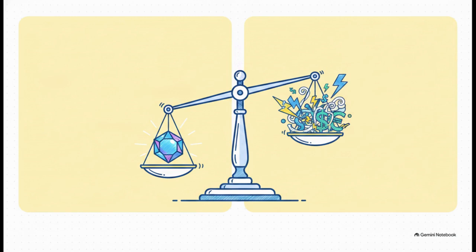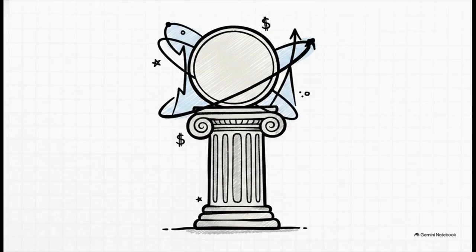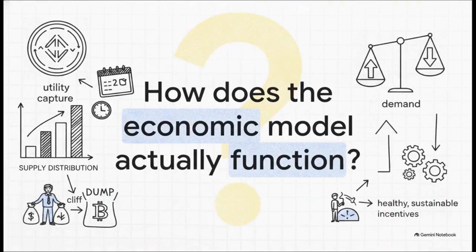A project might have a stellar team and an amazing product, but if the market forces of tokenomics, competitors, and liquidity are working against it, it simply isn't gonna survive. And that brings us to a massive pillar of our blueprint, and honestly, perhaps the most uniquely crypto aspect of your research: the tokenomics. You have to meticulously interrogate how the economic model of the token actually functions.